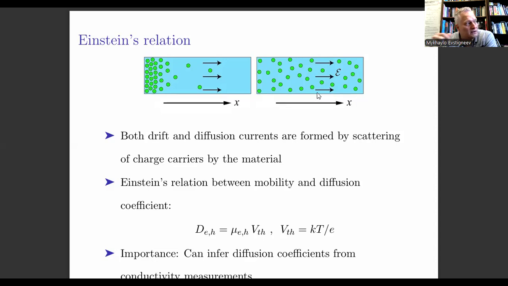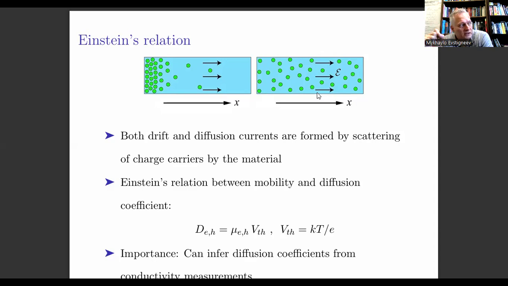Every time a particle collides with the crystal lattice, its regular velocity obtained from the electric field is reset to zero. Then the particle gets accelerated again and collides again, and the energy that it got from the electric field is dissipated into the lattice.